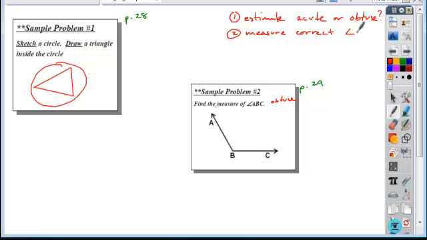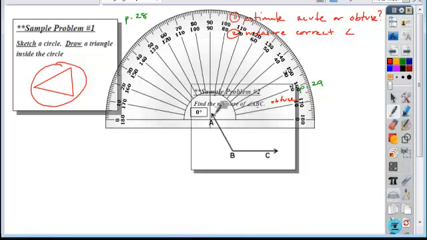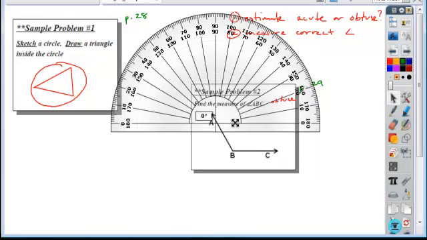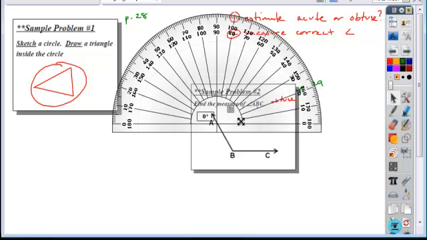On this, I know my vertex is B. So when I set up my protractor, I want to place the crosshairs of my protractor right on that vertex, in this case B. I'm assuming everybody's used a protractor, since my fourth grader has done it.